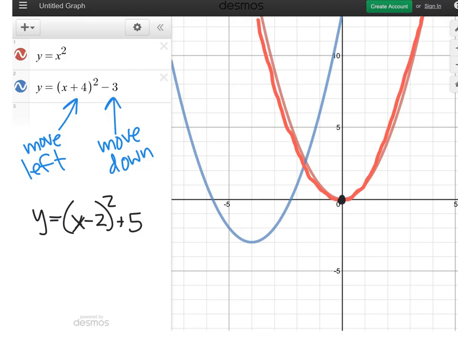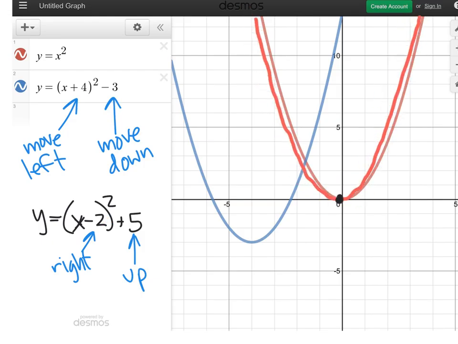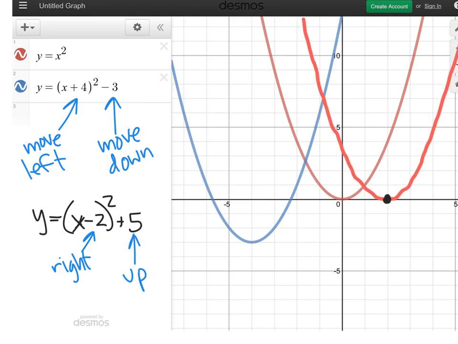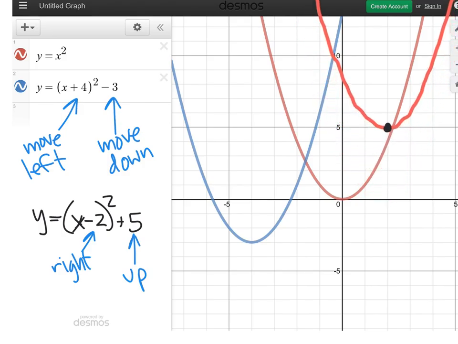Well, what does the minus 2 say? The minus 2 says go to the right, slide it to the right. And what does the plus 5 mean? Slide it up. So if I wanted to graph this equation, I would take my home equation and slide it two spaces to the right and 5 spaces up, and we would get this new equation way up here.